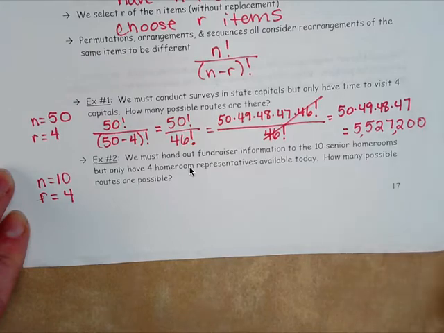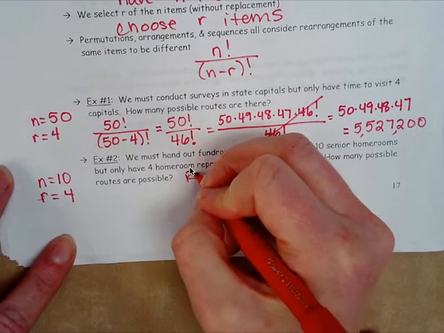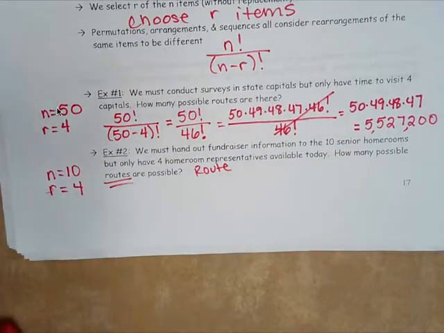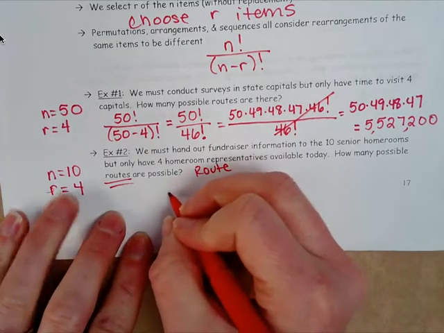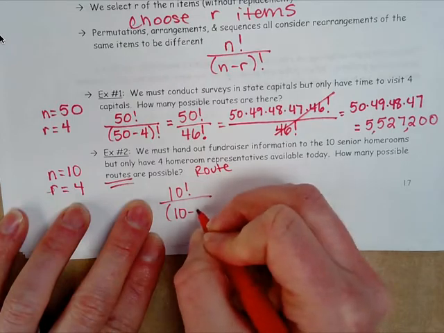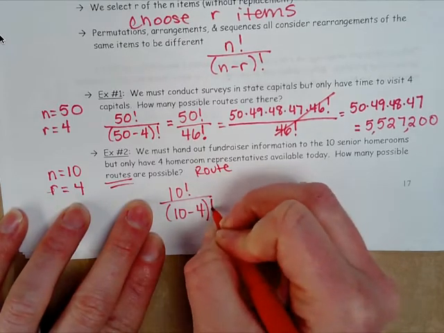And so the order matters because you're going to follow a certain route. So think about the route. That word route will tell you it's a permutation. Does order matter? Yes. So n factorial over n minus r factorial. I'm plugging in the 10 and the 4.